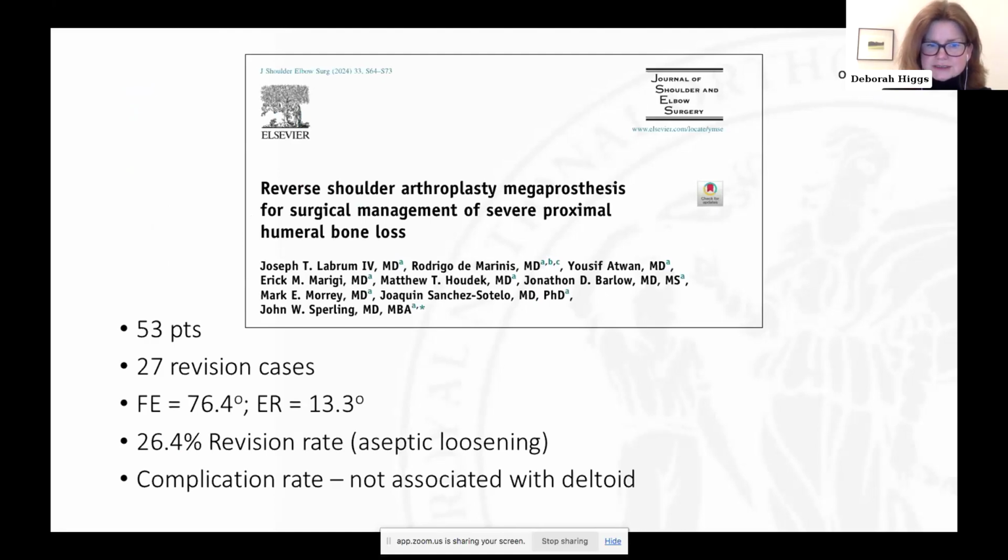Regarding complications, they looked at soft tissue attachment of the deltoid and felt that the complication was not related to whether it was affected or not, although they did feel that it may improve the patient's external rotation. Regarding the risk of revision, the number of previous surgeries was a key link to this problem.